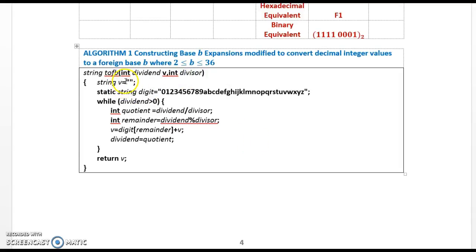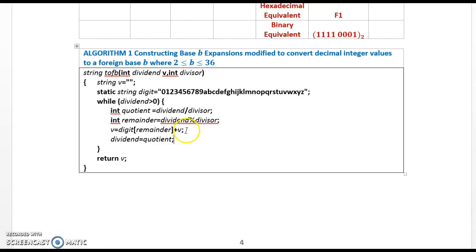I begin with an empty string, and then I have something to convert my remainders, which are integer values, into single characters. And so I've got this array that I've represented as a string that runs from 0 to 9 and then from A to Z. While the dividend is greater than 0, I compute the quotient and remainder, and then I use the remainder as an index into this string here, so that a remainder of 0 gets me character 0, a remainder of 10 gets me an A, a remainder of 15 gives me F. And then I'm going to prefix this character onto the existing string.